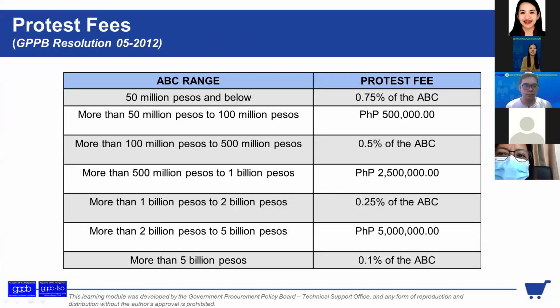So, protest fees. Ito yung range ng protest fee. Depende siya, nakabase siya sa ABC range. I was doubtful before. I remember first time saying this in 2012. Kinumpute ko talaga. Kunyari, 50 million pesos and below, 0.75 of the ABC. So, kinumpute ko yung 0.75 kung talagang 50 million pesos. Hindi ba siya, baka naman mas malaki pa siya sa 500,000 na next level ng protest fee.